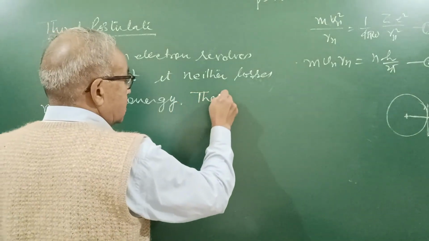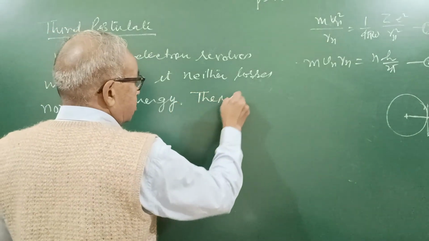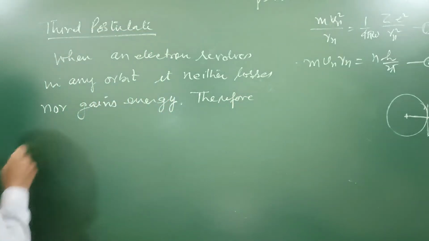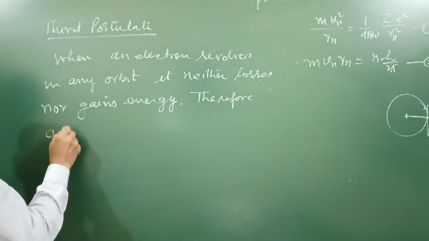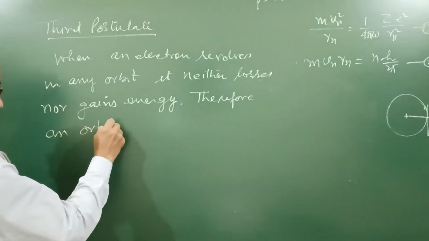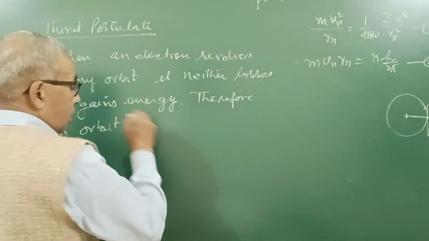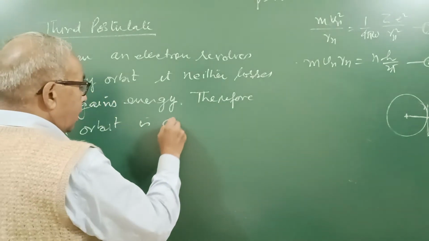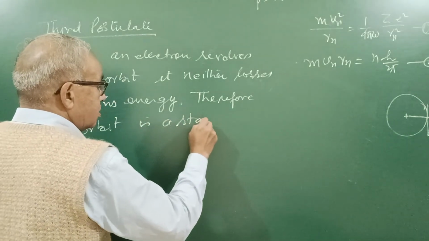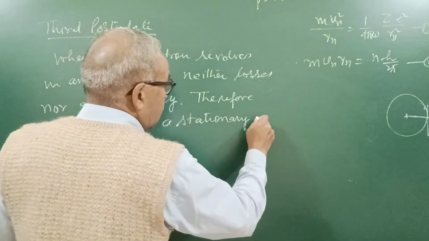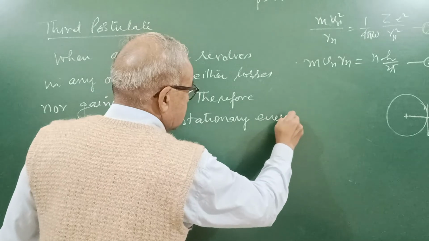Therefore, an orbit is a stationary energy state.